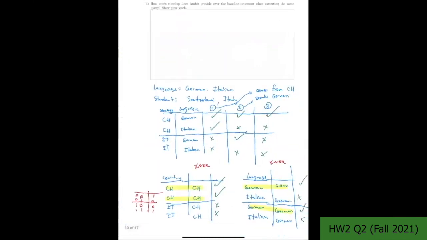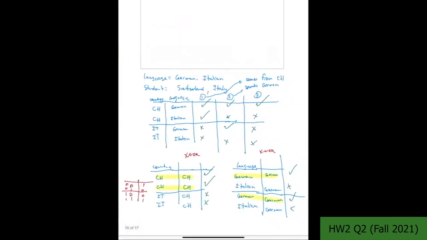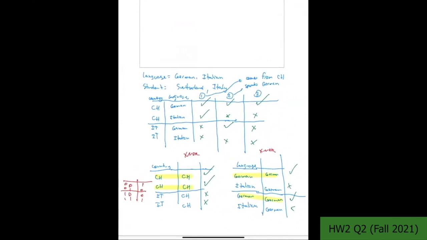The trick in this question is that we are not trying to say that true is equal to 1 and false is equal to 0.